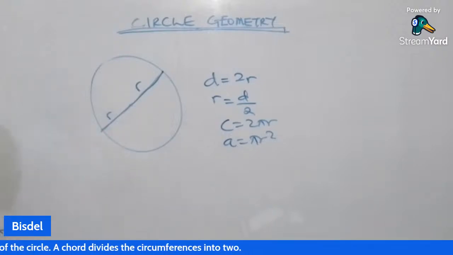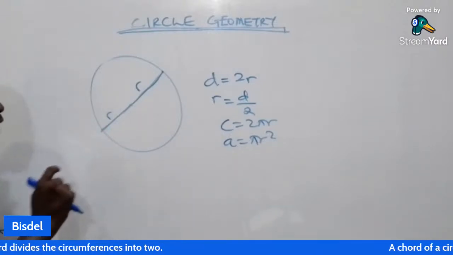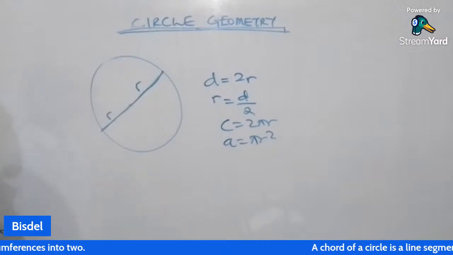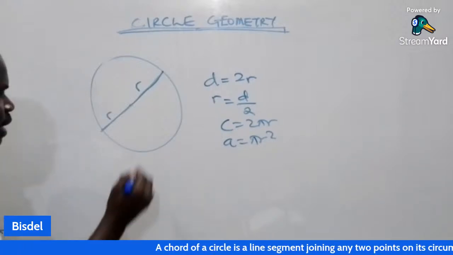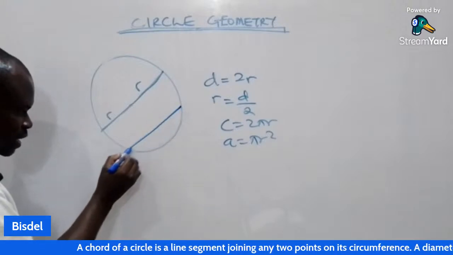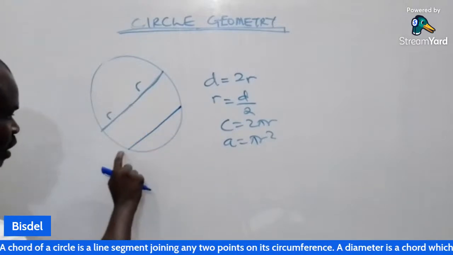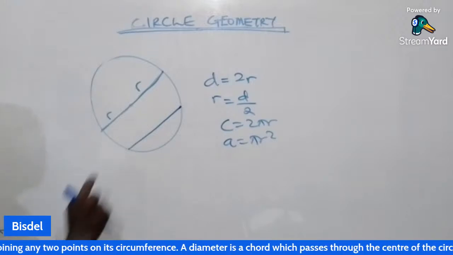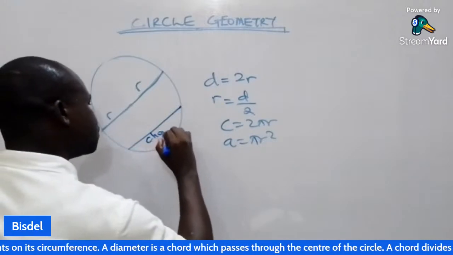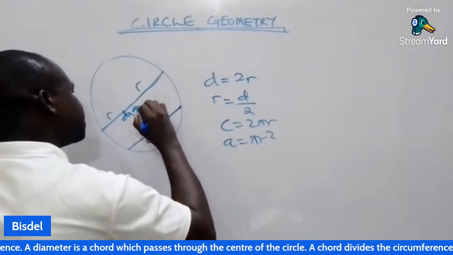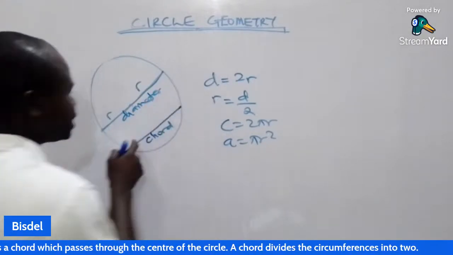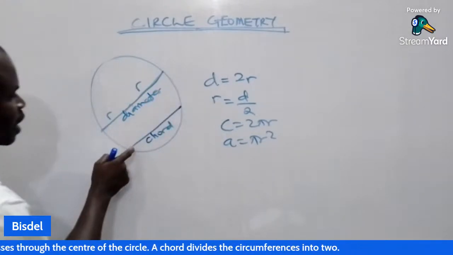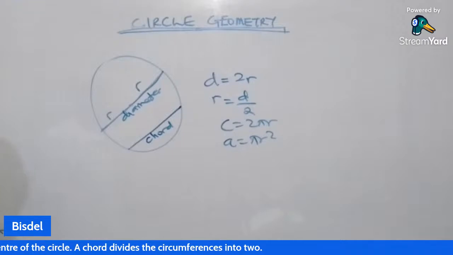A diameter is a line that touches the circumference of a circle at 2 points and passes through the center. But we can also have another line that touches the circumference of a circle at 2 points but does not pass through the center. That line is called a chord. This one is the diameter, and this second line is called a chord. A diameter is a chord, but a chord is not a diameter.